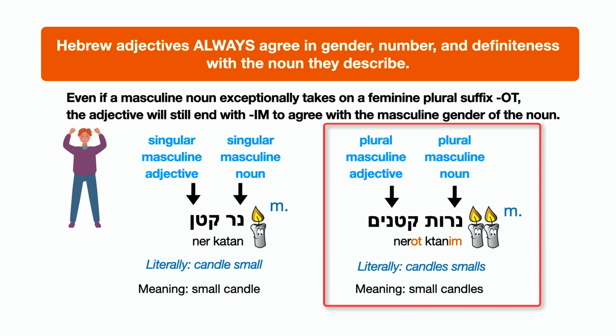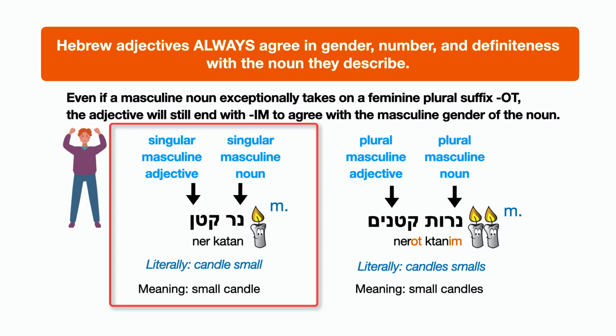So nerot ketanim. See, here you have a combination of a feminine suffix and a masculine suffix. In the end, the Hebrew adjective will always insist on the gender of that noun. So, ner katan, small candle, perfect.